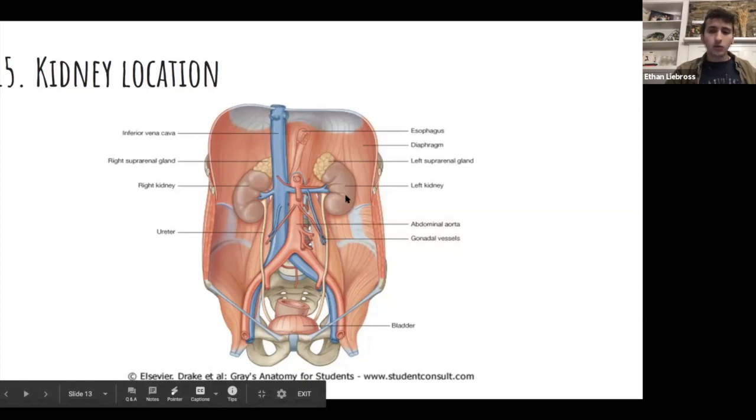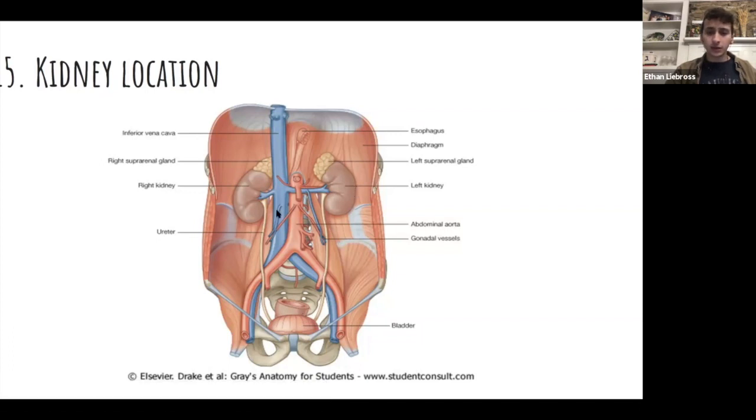So what's interesting about this image, what's interesting about the kidneys, is that if we have a pencil and we try to rest, imagine if you put a pencil here, between these two kidneys right up top, would it lie flat? And the answer is actually no. The right kidney is positioned a little lower than the left kidney.